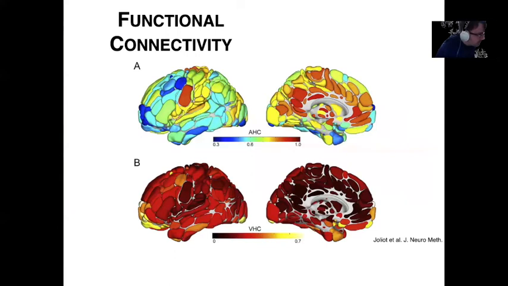But if you apply this to the inter-hemispheric connectivity, you can make those beautiful figures that have been made by Marc Joliot of the mapping of the homotopic functional connectivity. You can see how brain areas that are really red are showing very strong connections with the equivalent areas in the other hemisphere.